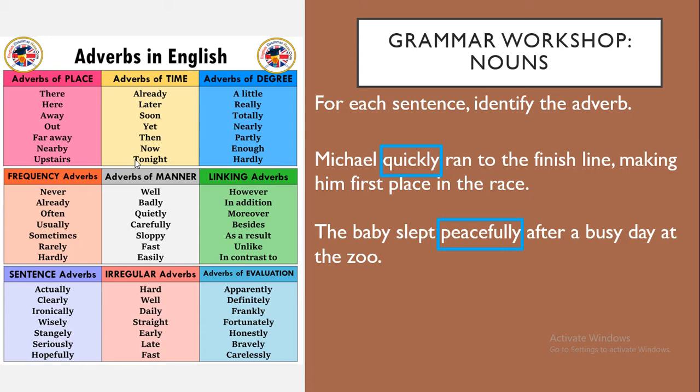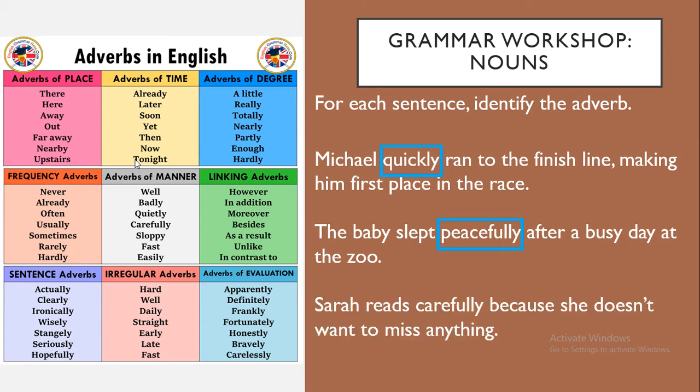And now I want you to try this last one on your own. I'm going to give you about 30 seconds to identify the adverb in the next one and write it on your paper. Sarah reads carefully because she doesn't want to miss anything. So go ahead and identify your verb and then tell me how is that verb being done?